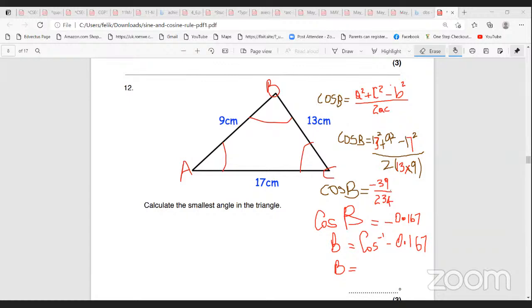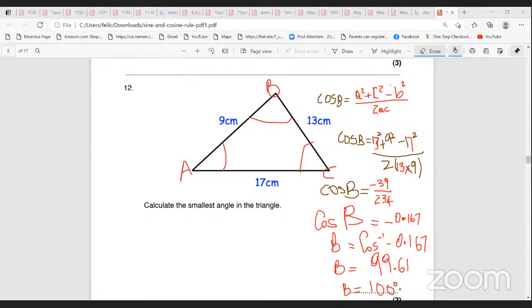Okay, so change it to degrees. Do you know how to reset your calculator? Okay, 99.61. All right, we're going to round that off to the nearest whole number, which gives us approximately 100 degrees.